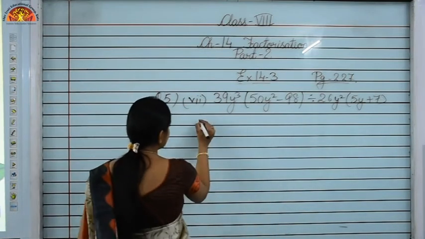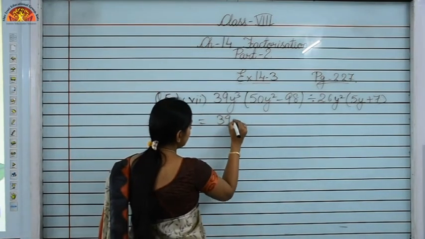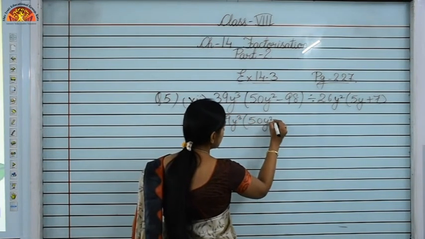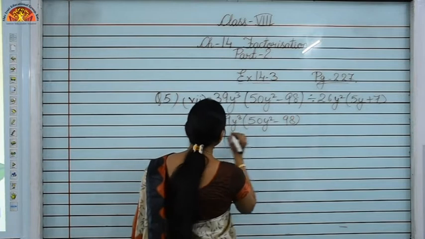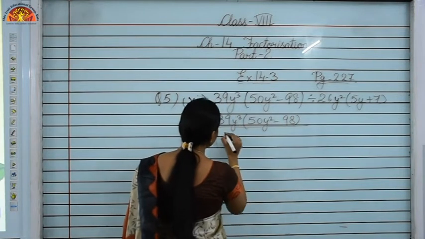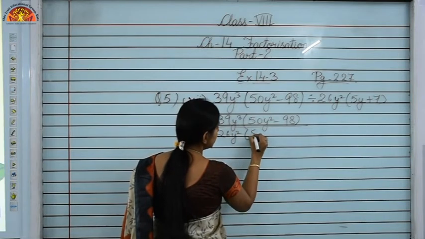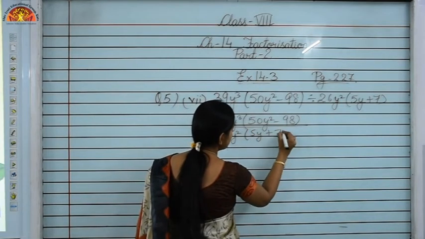Now you can just write it, that is 39y cube into (50y square minus 98) whole divided by 26y square into (5y plus 7).